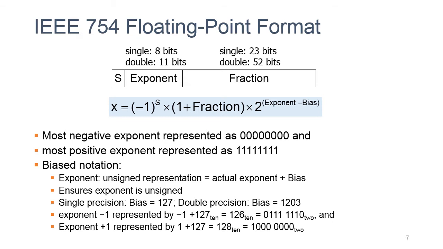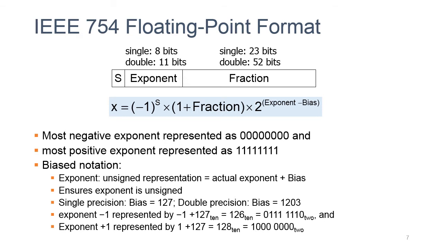In single precision, the exponent field is 8 bits wide, and in double precision, the exponent field is 11 bits wide. Similarly, for a single precision number, the fraction field is 23 bits wide, and for a double precision number, the fraction field increases up to 52 bits.